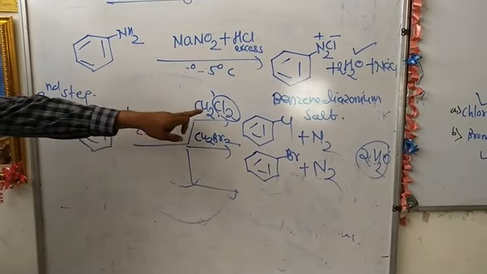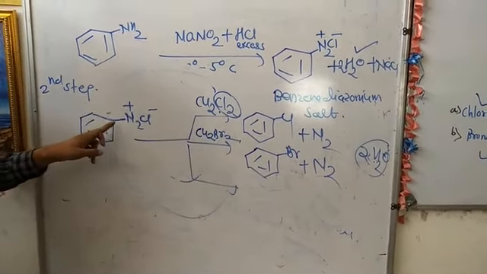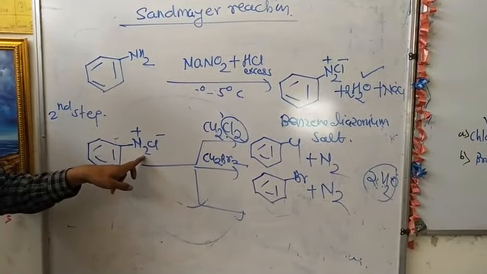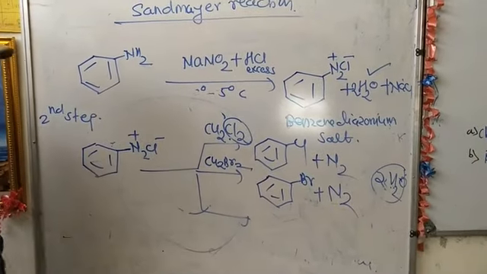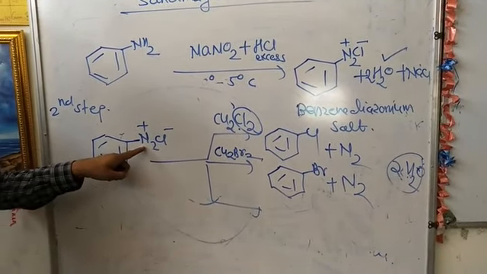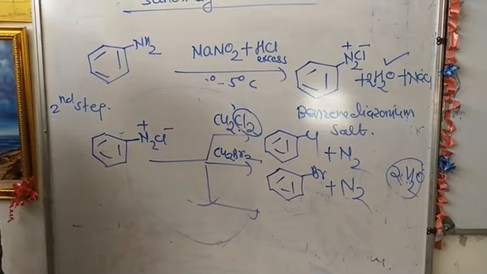So chlorobenzene is formed by the reaction of benzene diazonium salt with cuprous chloride, and bromobenzene is formed when benzene diazonium chloride reacts with cuprous bromide.